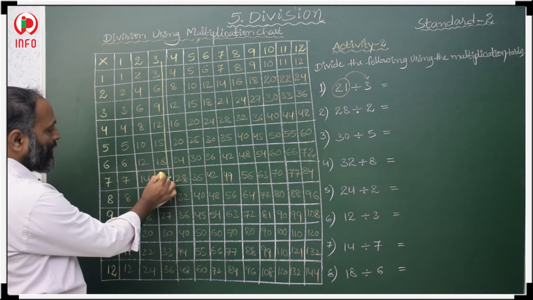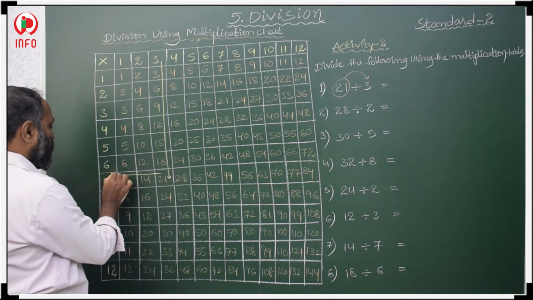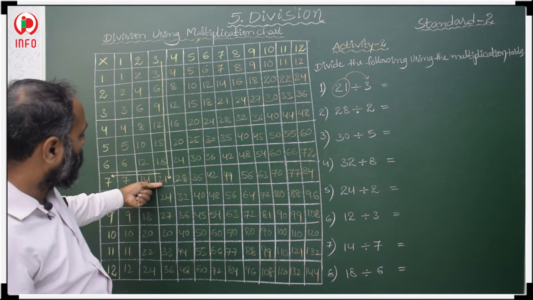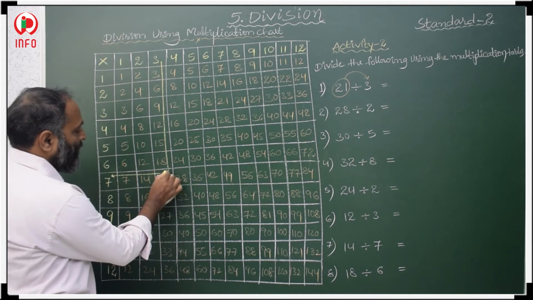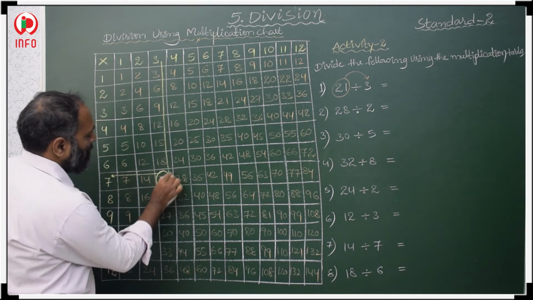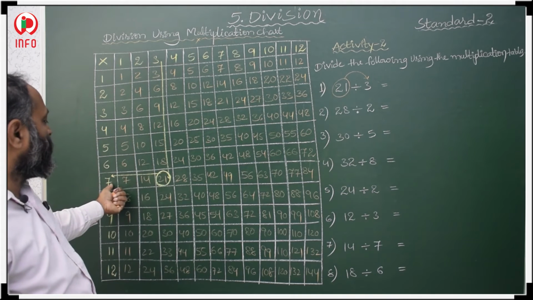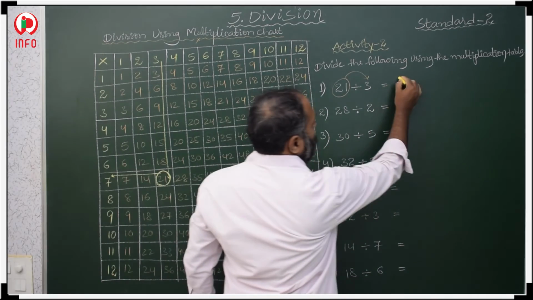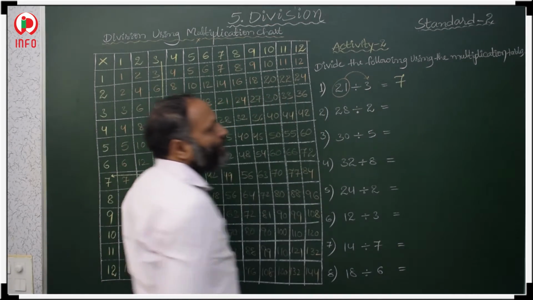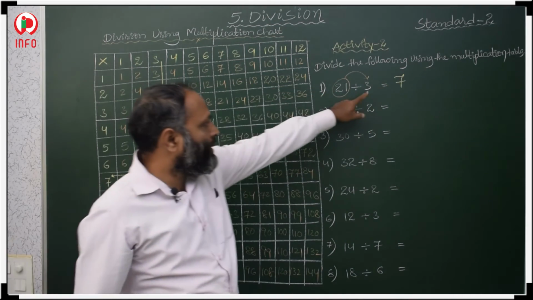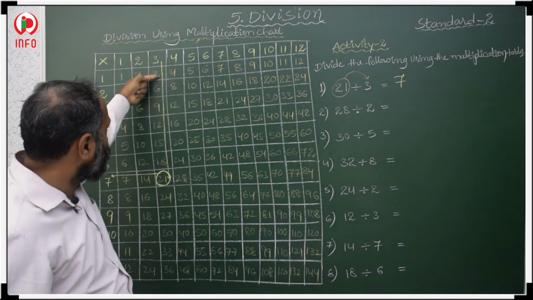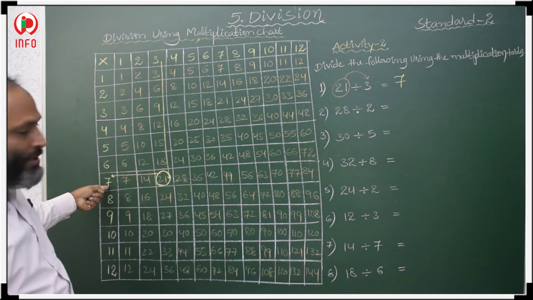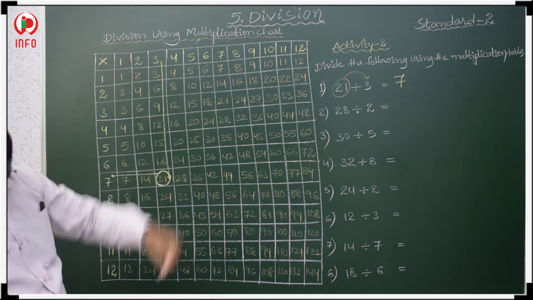Now you see exactly opposite to that, what is there? 7. So first we see the 3 table, find where 21 is, and horizontally it is 7. So that is our answer.